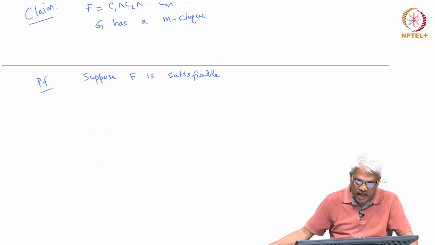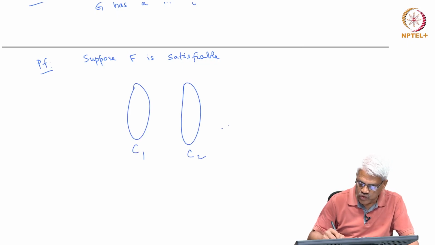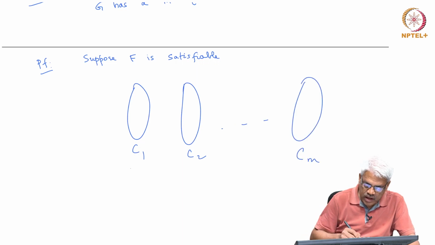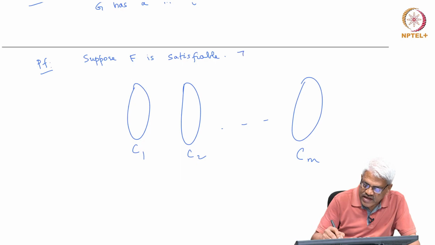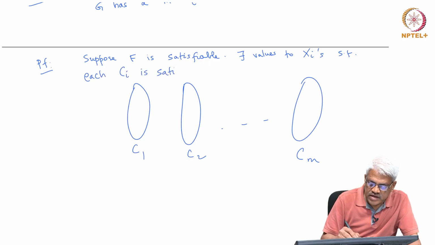Good. So, suppose f is satisfiable, that means what? C1, C2, Cm, that means there exist 0-1 values to the xi's such that each Ci is satisfied by that assignment.